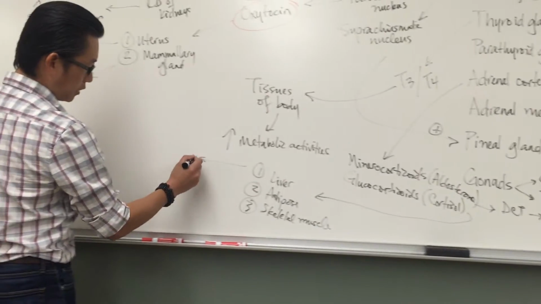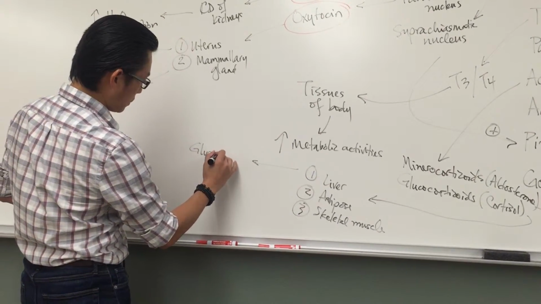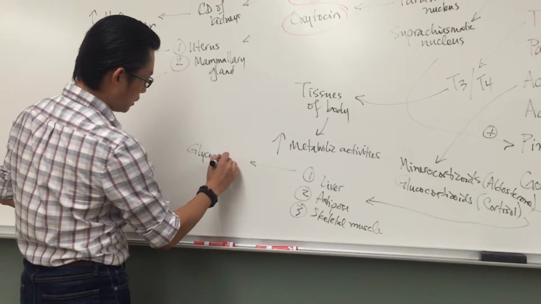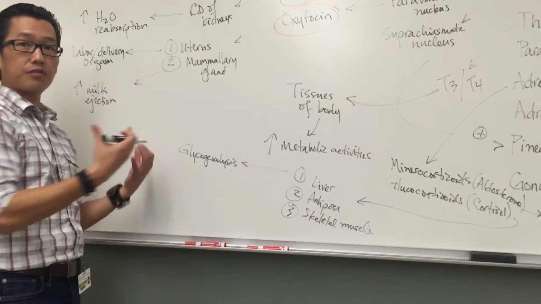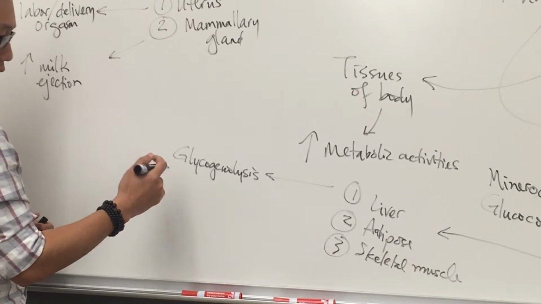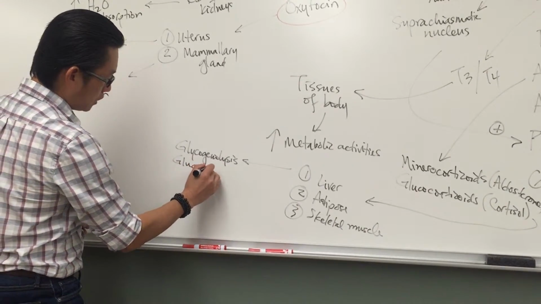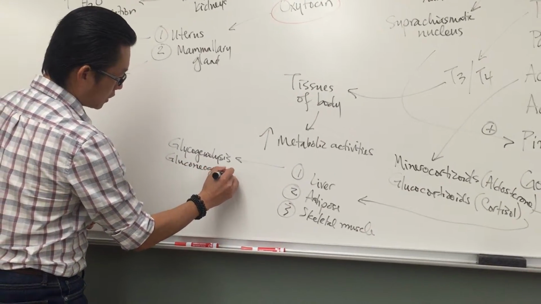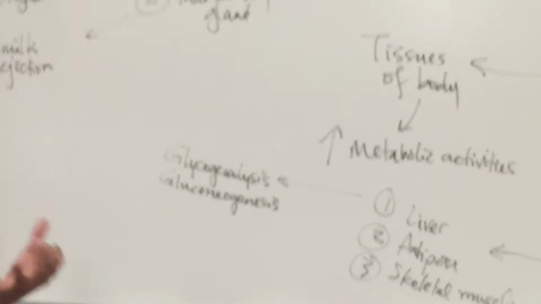So at the liver, it induces glycogenolysis, which is breaking down glucose from glycogen molecules to release those glucose into the circulation, and also induces gluconeogenesis, making new glucose molecules from non-carbohydrate or non-glucose sources.